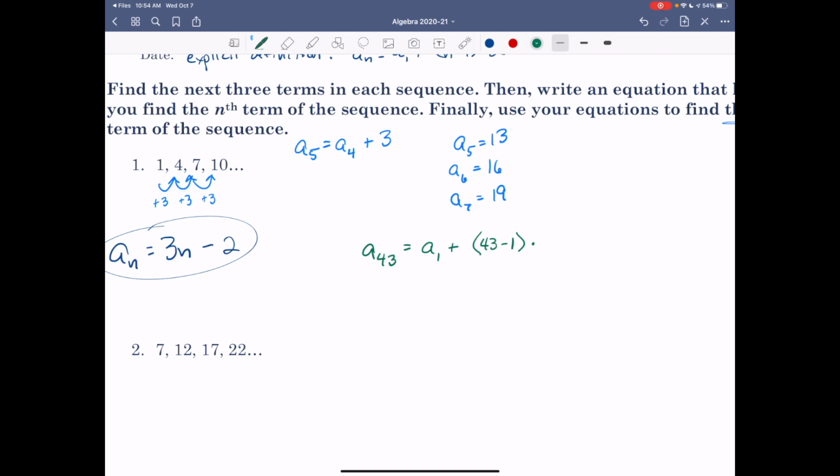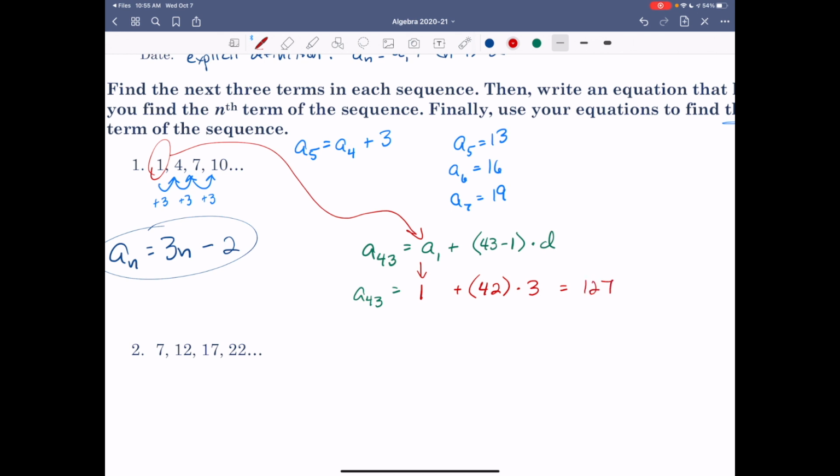What's 1 fewer than 43? 42 of the common differences. Well, what was the common difference in this case? 3. So we can do some evaluation now. 43 minus 1 is 42. D is 3. And then where did this sequence start at? 1 was the first term, right?